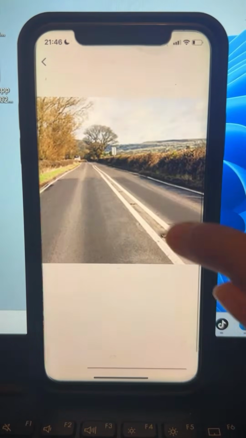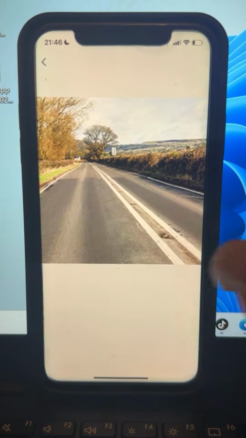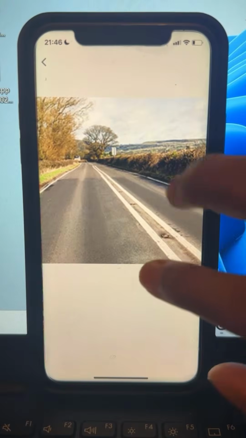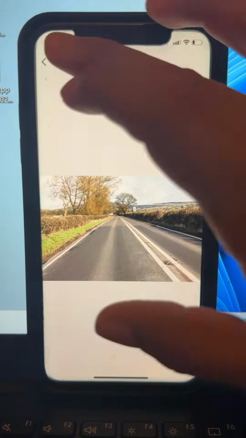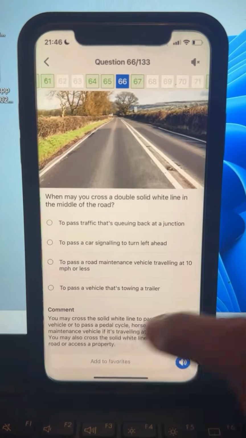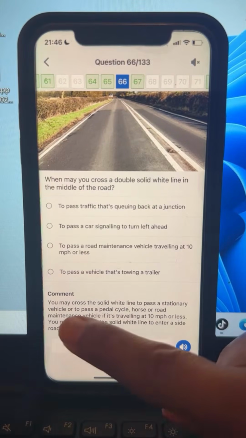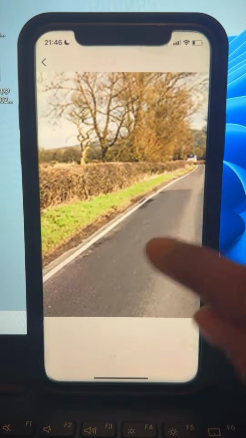So, don't cross that line. If you see a solid line, it's like a wall. Remember, you should not be crossing, but we have some exceptions. We're going to read them together. You may cross the solid white line to pass a stationary vehicle, meaning maybe a parked car.